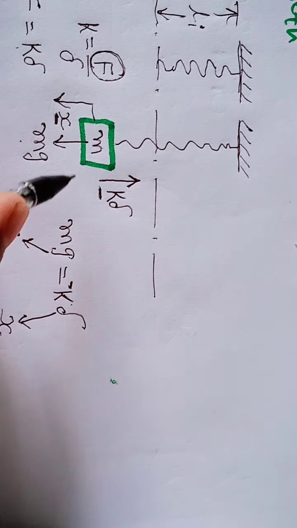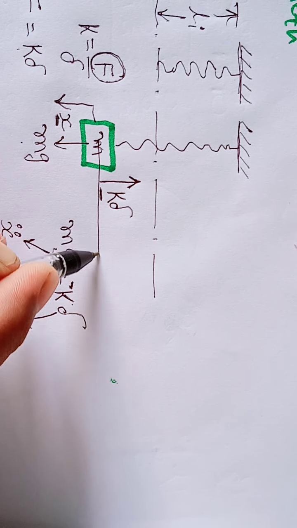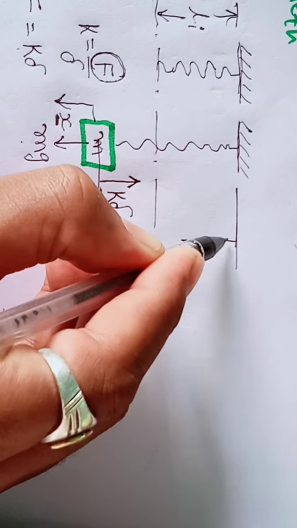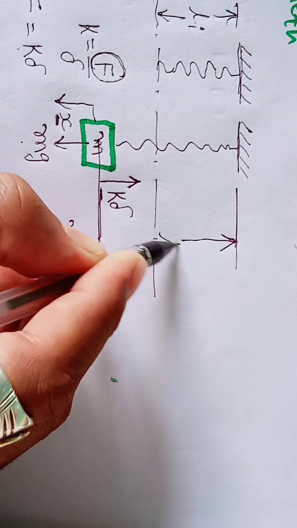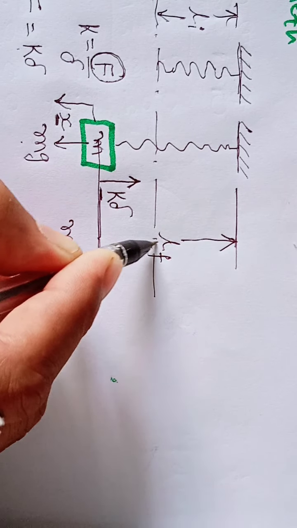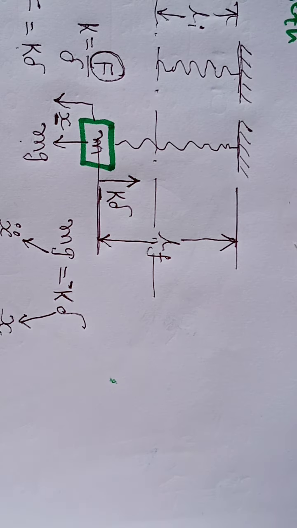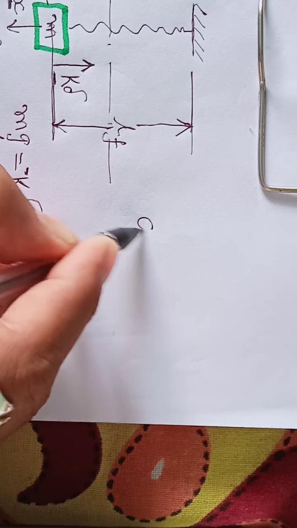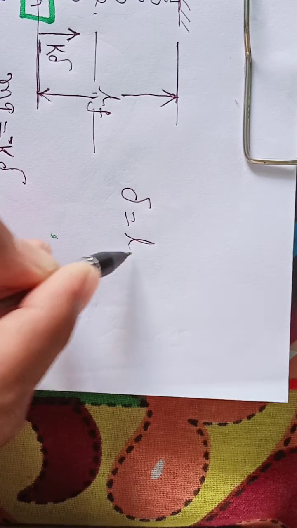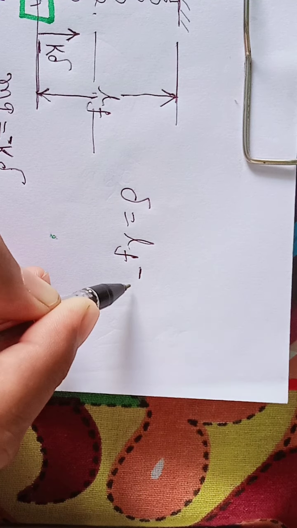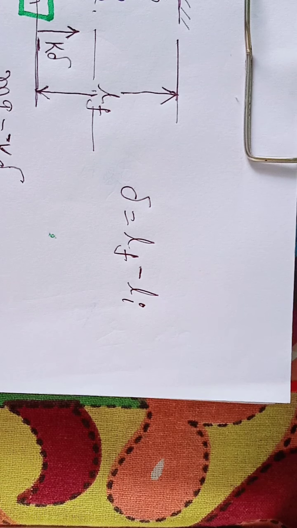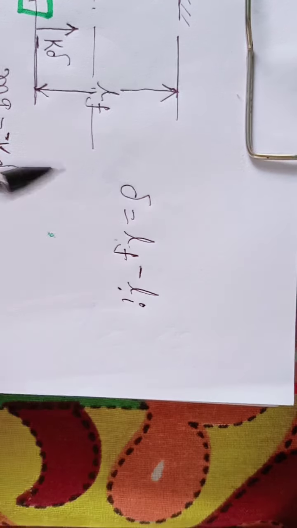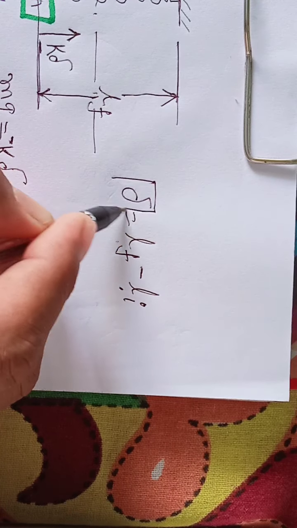After that we are going to measure this length, that is final length, and when we subtract initial length from final length, we get deflection.